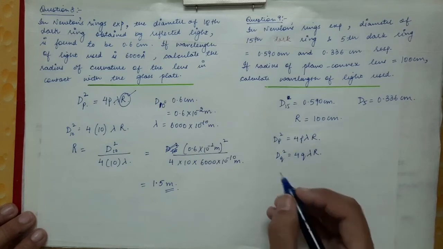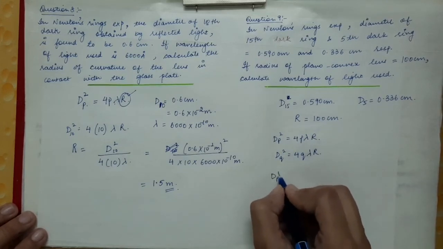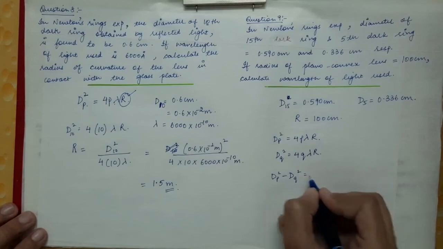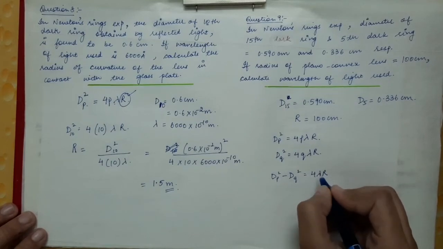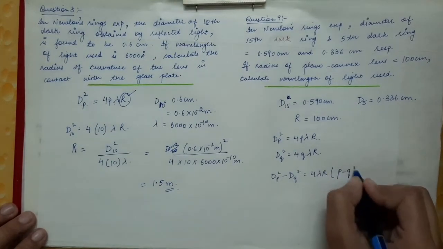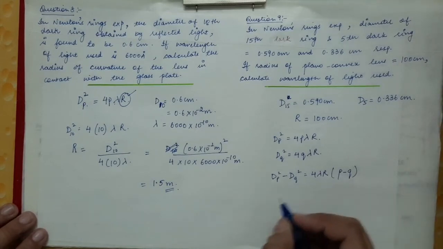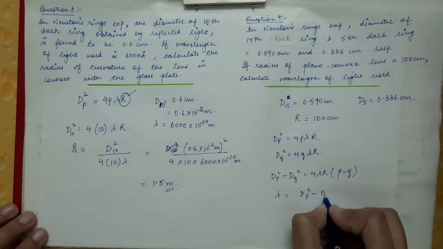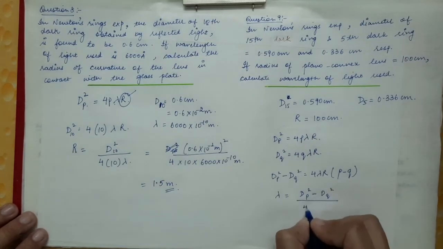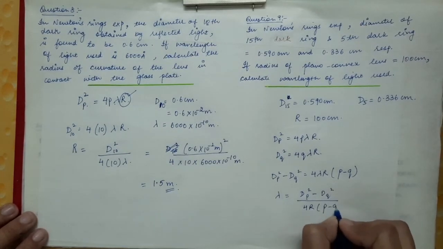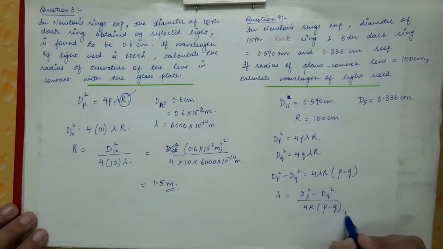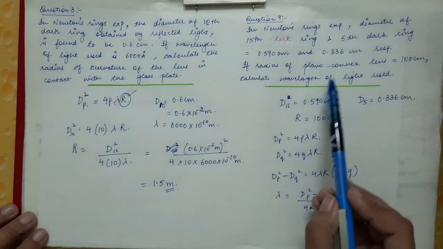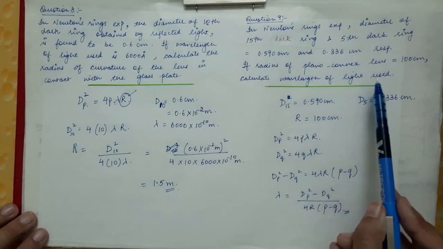On subtracting both the terms, we get D_p square minus D_q square equal to 4λR into (p minus q). So from here we can find λ. It will be equal to D_p square minus D_q square divided by 4R into (p minus q). Using this formula we can find the wavelength of the light which is used.